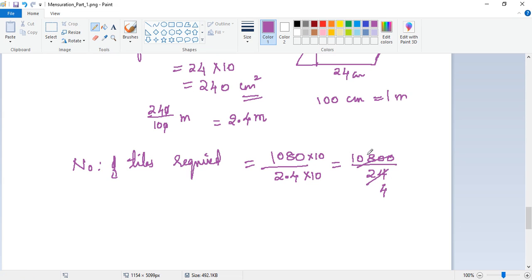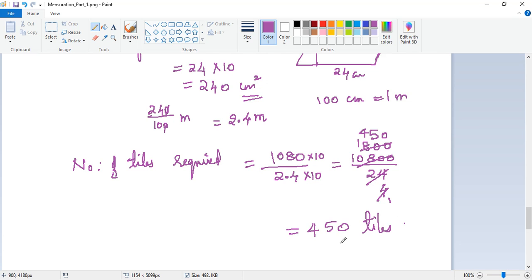Then 6 ones are 6, 6 eights are 48, and then 0 0. Then 4 ones are 4, 4 fours are 16, 17, 18, 4 fives are 20, so 450 tiles. So you will require 450 tiles.